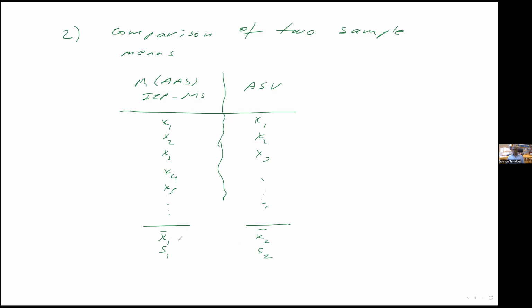So now the question is, how do I compare these averages? To do that, first what we need to do is to check how different or how similar the variations or the spread of the data is. So if this is, let's say, x1 average, and this is x2, so there is a difference here.